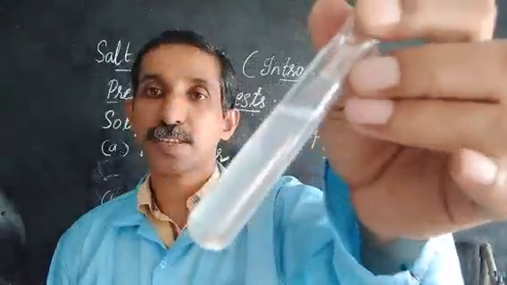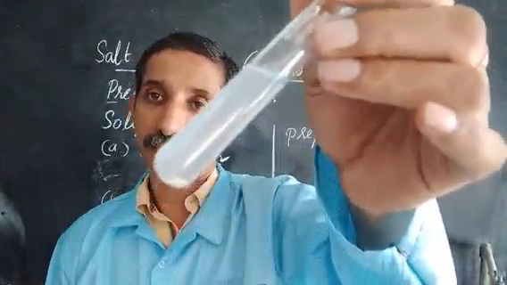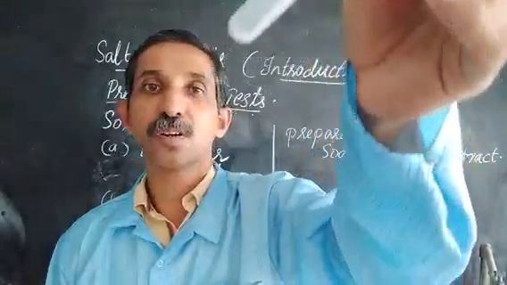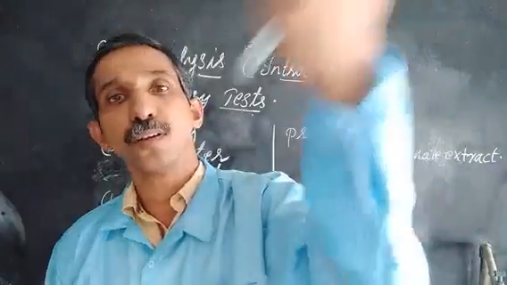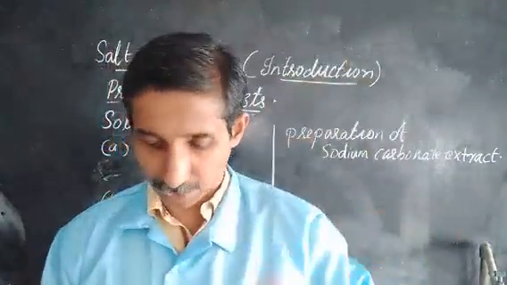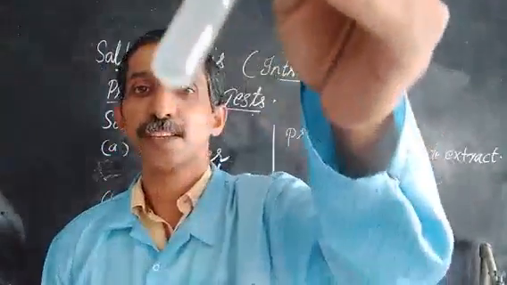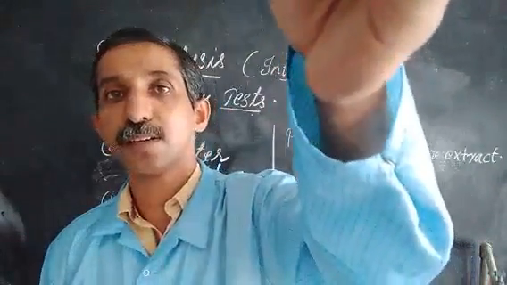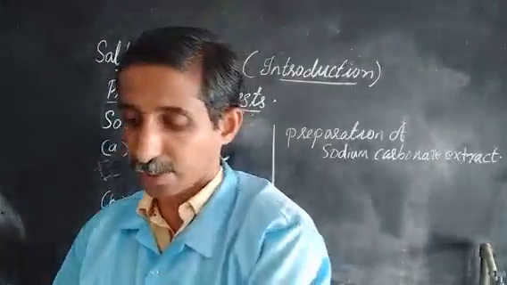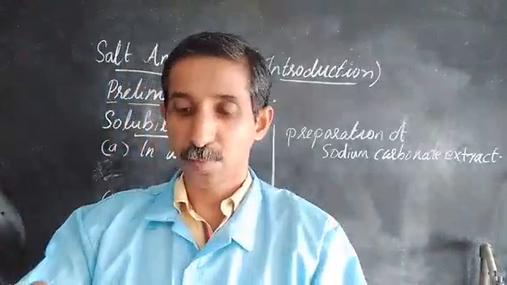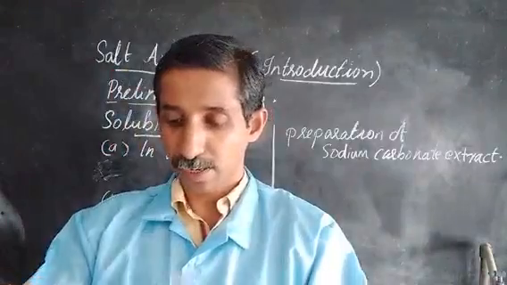So here you can see this salt on adding water got almost dissolved. A little bit is left to be dissolved. So at least the salt is sparingly or partially soluble. We will transfer this soluble part of the salt into another test tube.